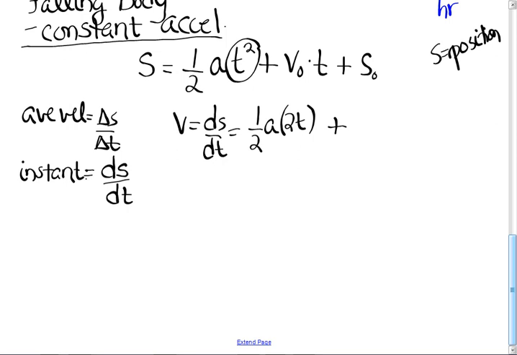Lexi? What's the derivative of this one? Yeah, just that number, v0. And that's just your initial height. What's the slope of your initial height? Horizontal. 0. If we clean that up, we get v equals, the 1/2 goes, acceleration times time plus the initial velocity.